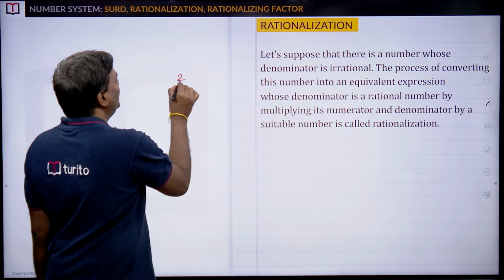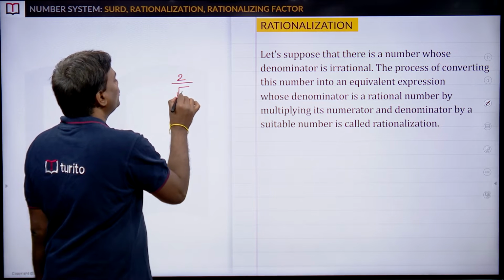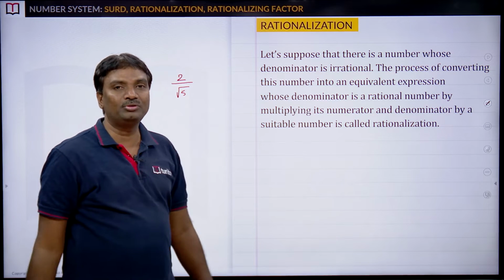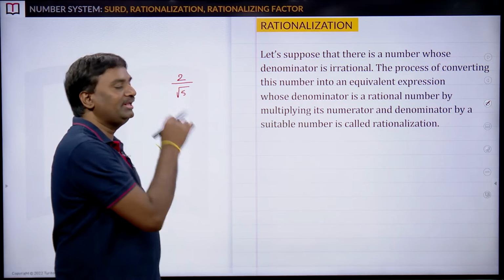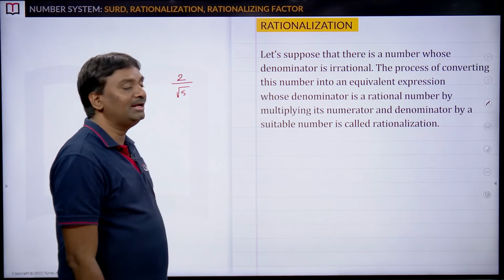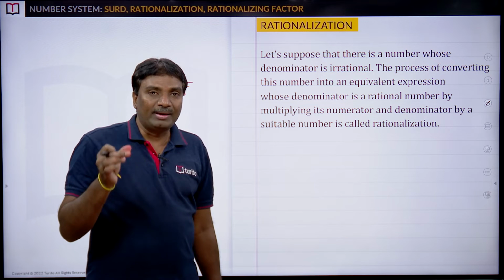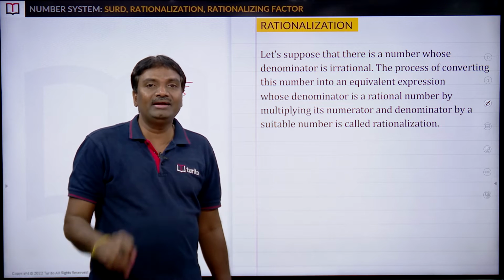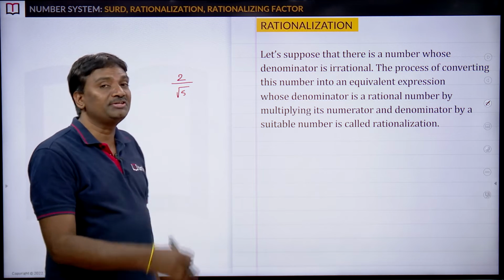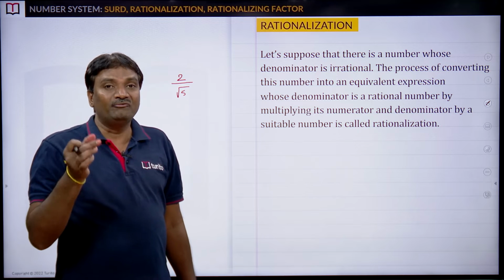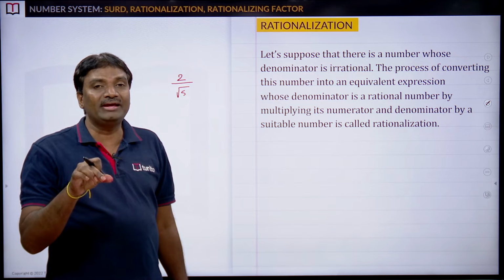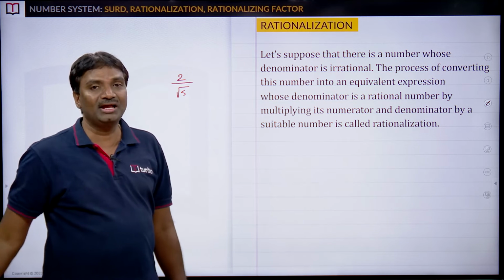For example, suppose 2 by root 5 is there. Clearly we can say the denominator is an irrational number. Now, by multiplying the numerator and denominator by a suitable number, we have to convert the denominator into a rational number.